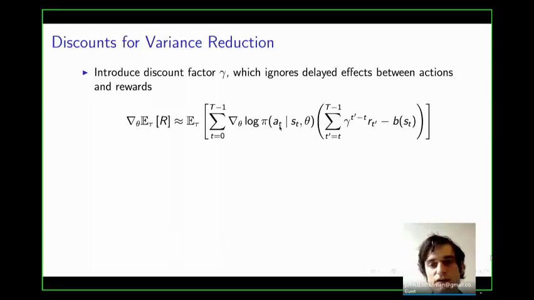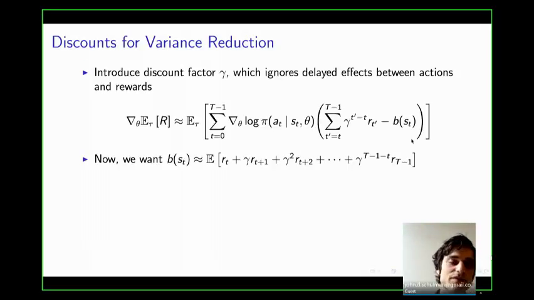If we use this discount factor, then by the same arguments I was providing before, we want the baseline to be the expected discounted sum of rewards, so that we can maximally reduce variance. You can also think of this discount factor as doing credit assignment by assuming that the action deserves no credit for rewards that are far into the future.